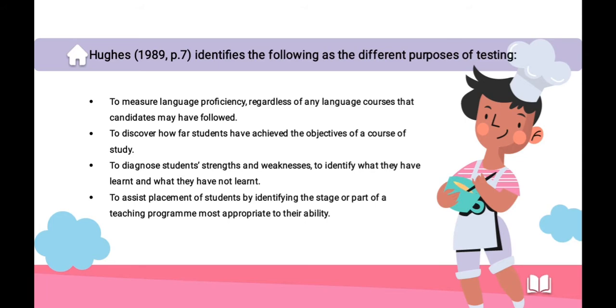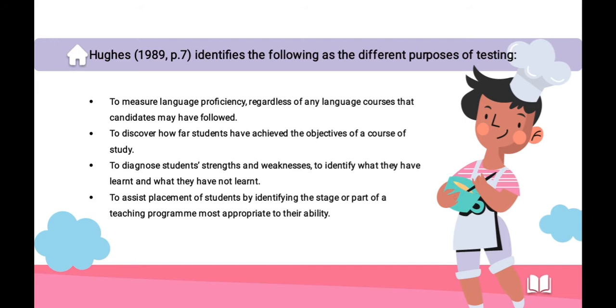And according to Hatch, 1989, he identifies the following as the different purposes of testing. Number 1, to measure language proficiency regardless of any language course that candidates may have followed. To discover how far students have achieved the objectives of a course of study.